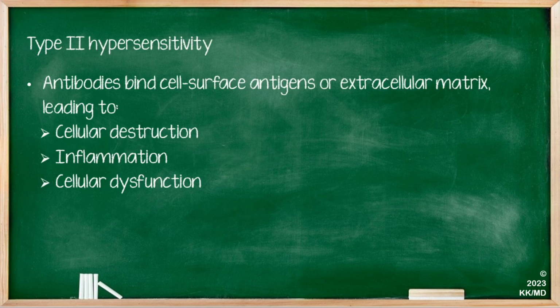So in type 2 hypersensitivity, you have antibodies that bind to the cell surface antigens or extracellular matrix, which as a result will lead to cellular destruction, inflammation, as well as cellular dysfunction.